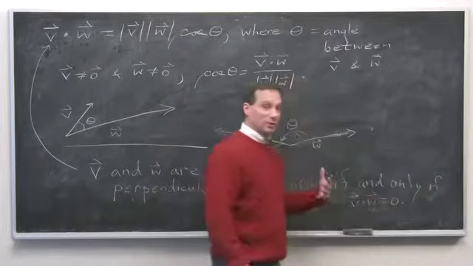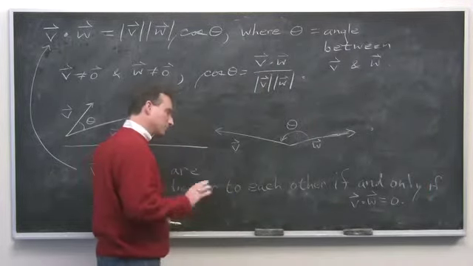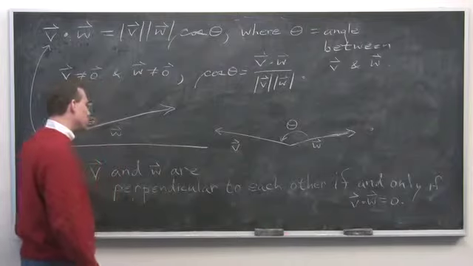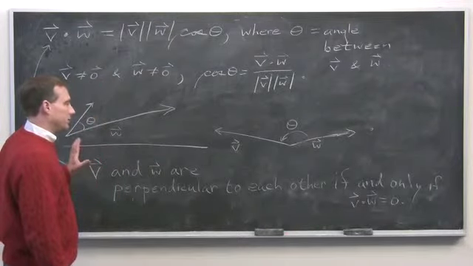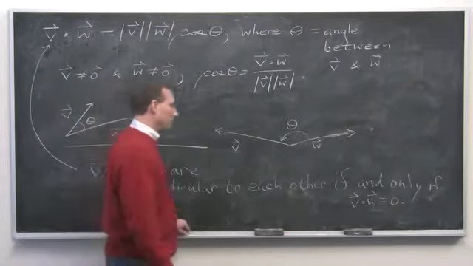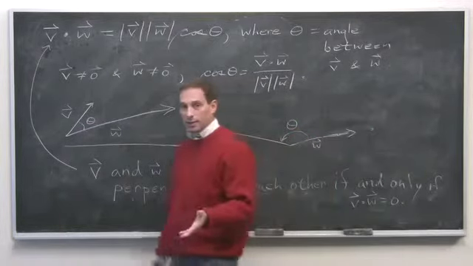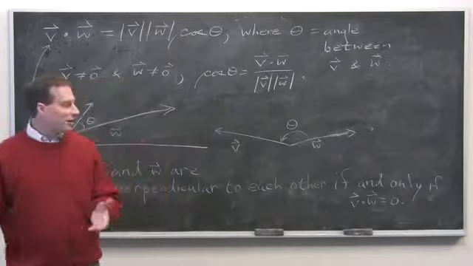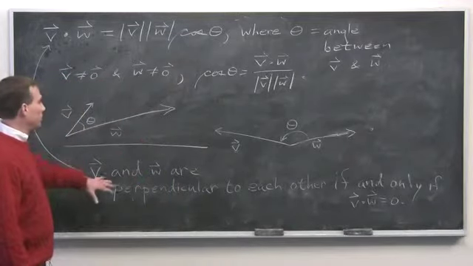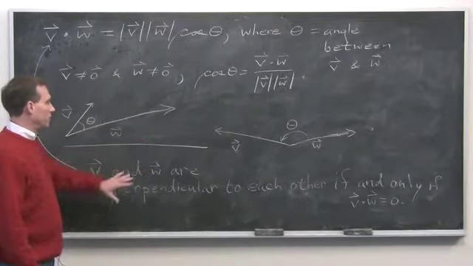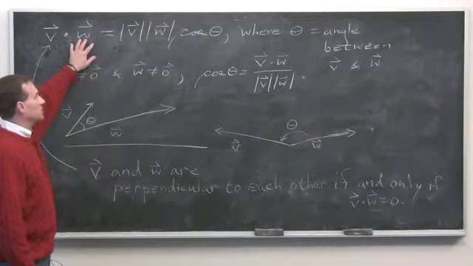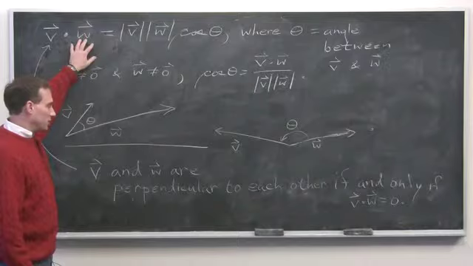Notice this is the number 0, the scalar 0. The dot product of two vectors is a number, not a vector. All right, I didn't write in this line that v and w aren't the 0 vector. This is one of those times where it's very convenient that we said the 0 vector has every direction. So if neither v nor w is the 0 vector, this line tells us that v and w are perpendicular if and only if the dot product is 0.